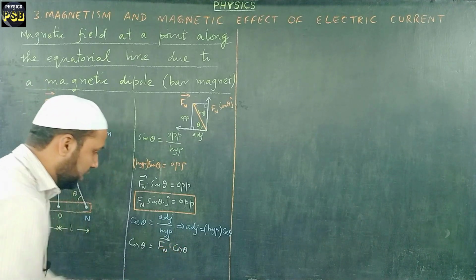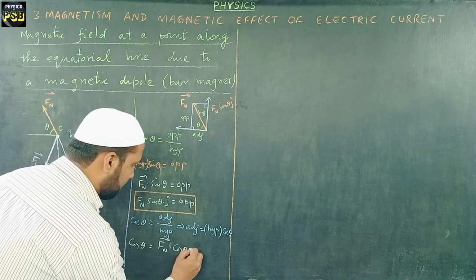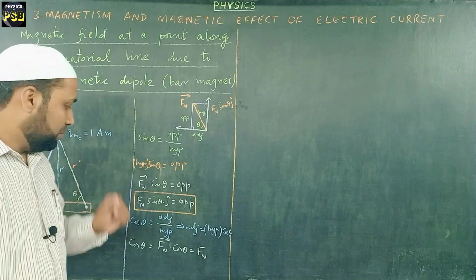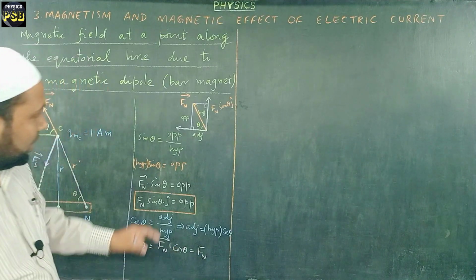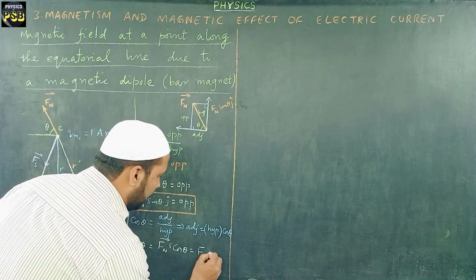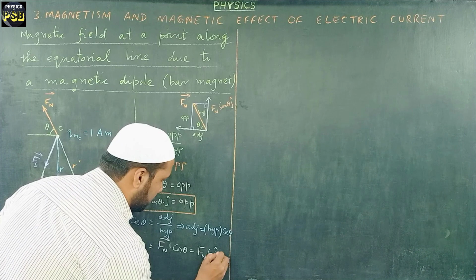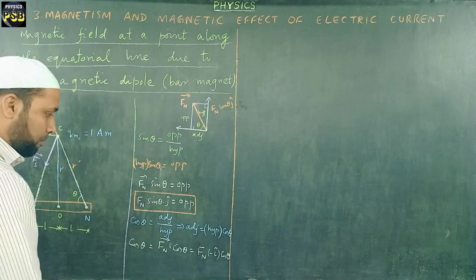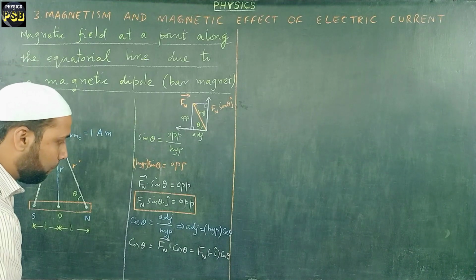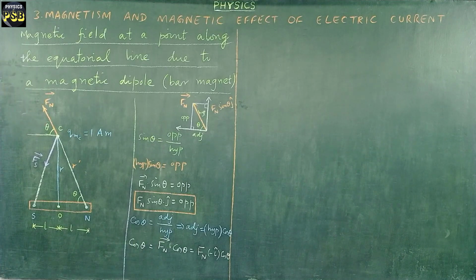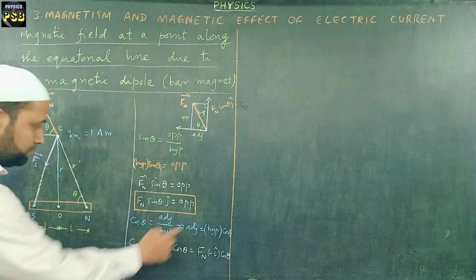And here Fn vector can be written as Fn multiplied with the unit vector. The unit vector which acts along the minus x axis is nothing but minus i cap. Okay, here I have made a small mistake.